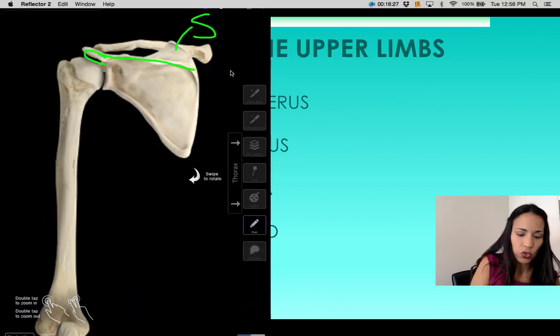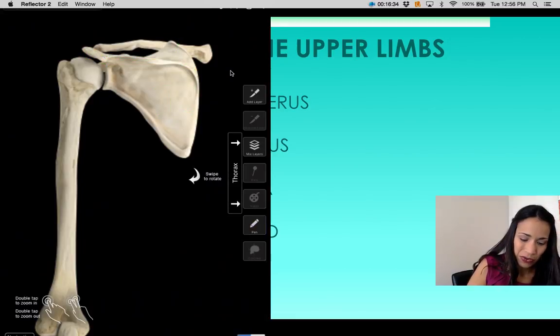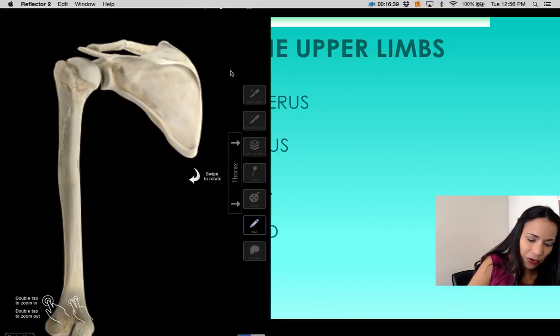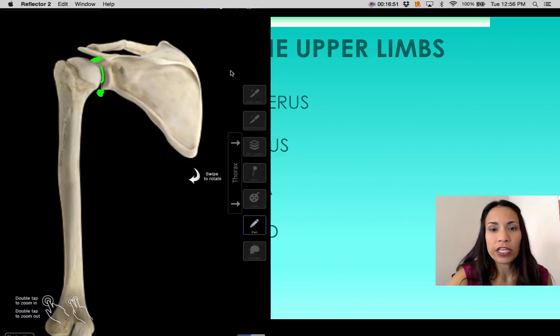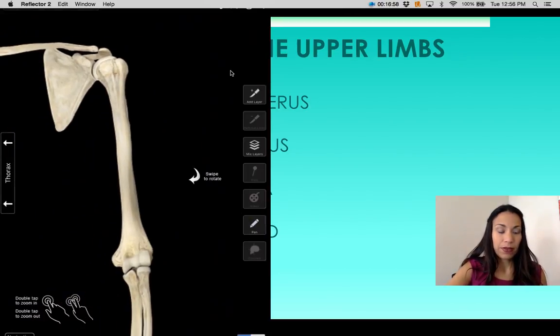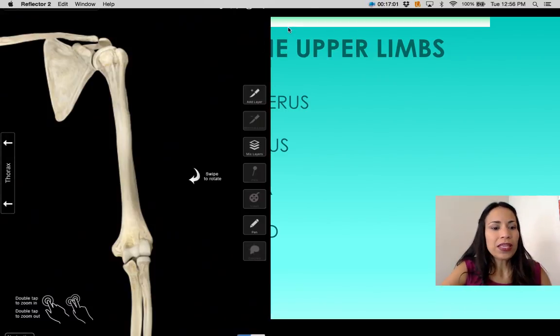So this is the supraspinous fossa, this is the infraspinous fossa, and in here, because I don't have a lateral view, maybe in here I can see, okay, this is the glenoid cavity, this is the infraglenoid tubercle, and superior to that, not seen very well, that's the supraglenoid tubercle. Those are the structures that we need to know about the pectoral girdle. See you in the next video.